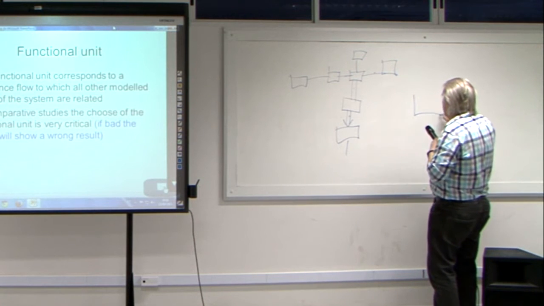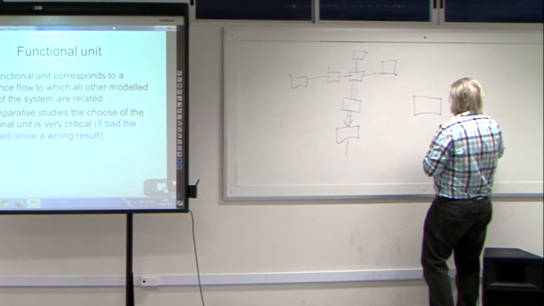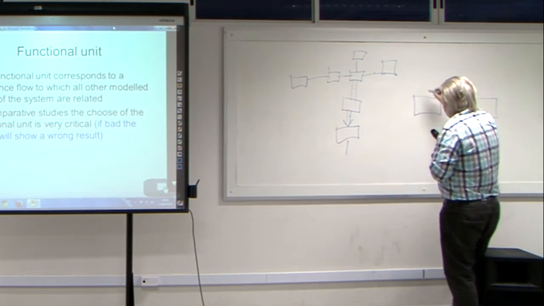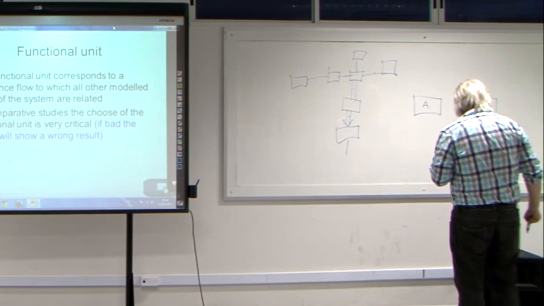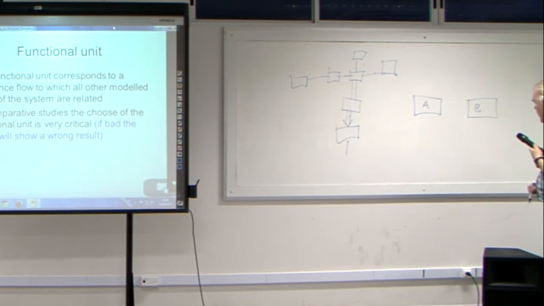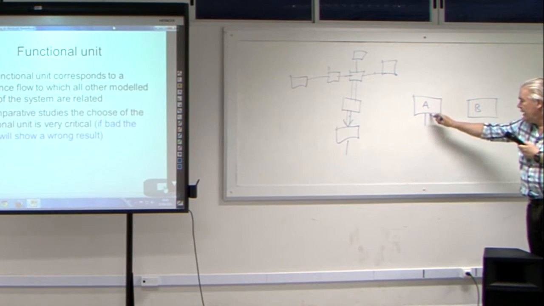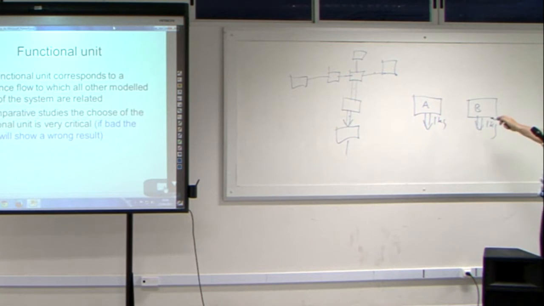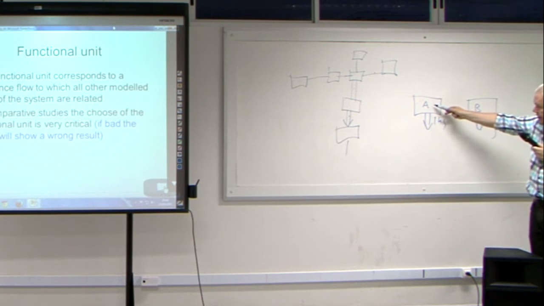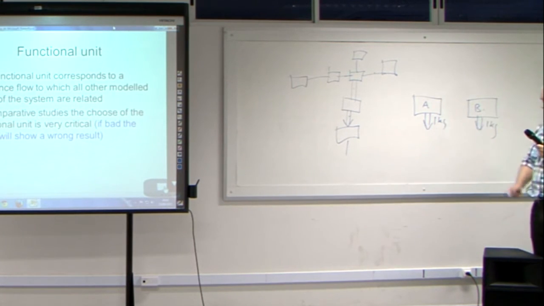If, for example, I am to compare two different detergents, as we also discussed, if I choose 1 kilogram as the functional flow, it can maybe be a totally crazy result, but maybe this detergent is much better than this one.